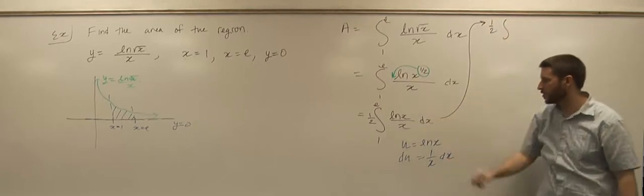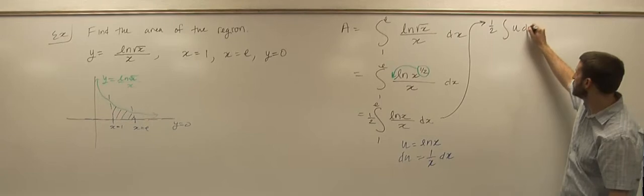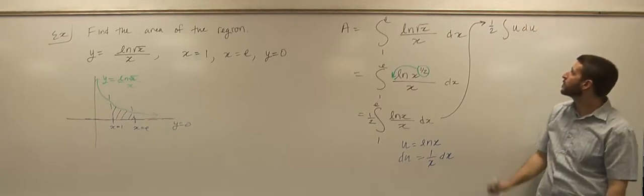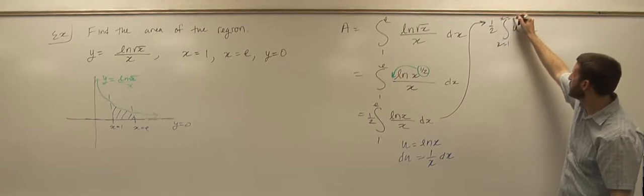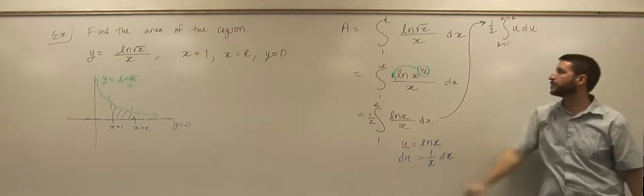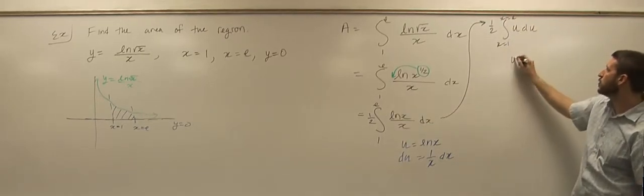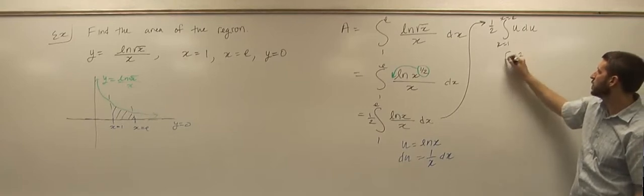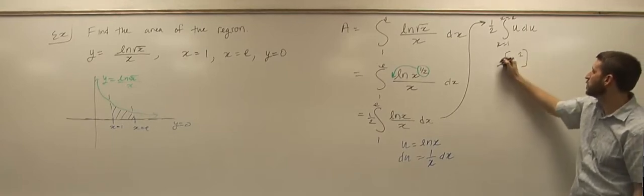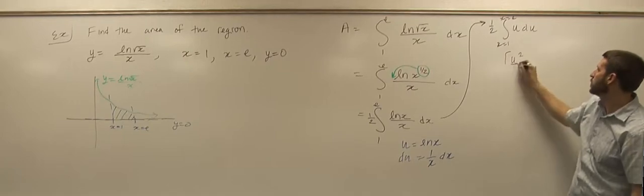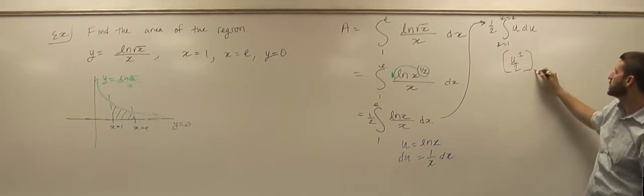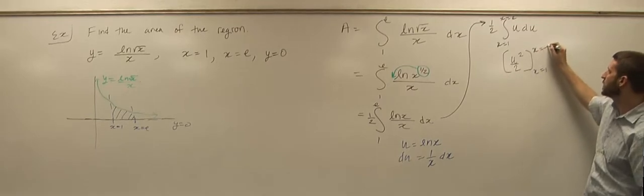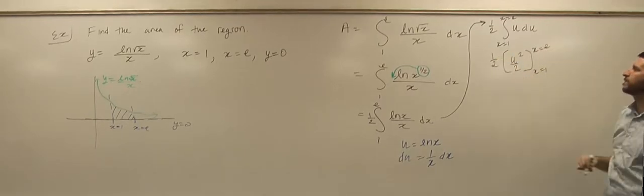We change this guy to u du, with limits from x equals 1 to x equals e. Remember, these are x limits. So the integral of u becomes u squared over 2, from x equals 1 to x equals e, with 1/2 out front.